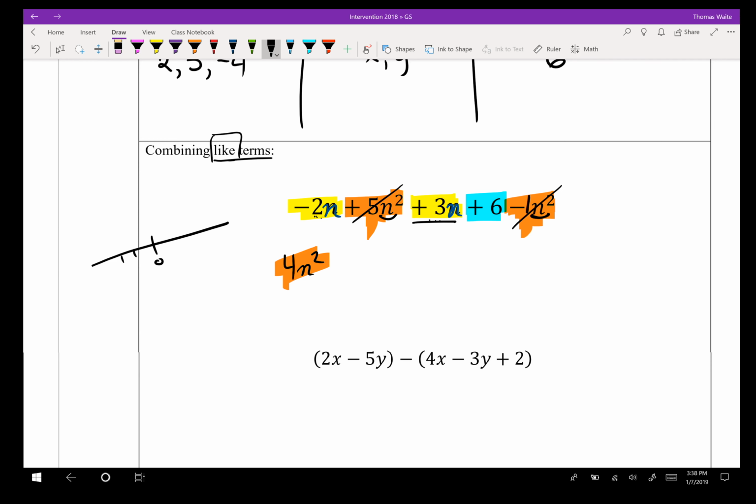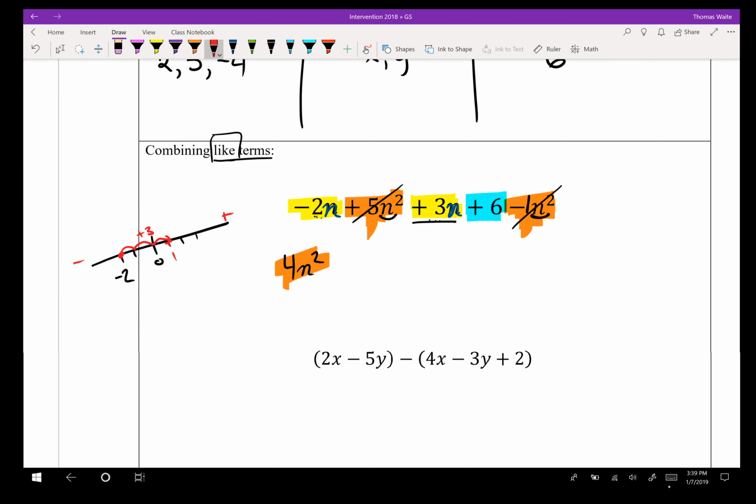So there's 0 on my number line. I'll make space for negative 2, because that's a point we care about. Now if I start at negative 2, that's my first term, negative 2 n's, I'm adding 3 n's onto it. So when I'm adding on the number line, my positive numbers are to the right, my negative numbers to the left. I want to move 3, positively 3, 1, 2, 3, to the right, and see that that takes me to 1.